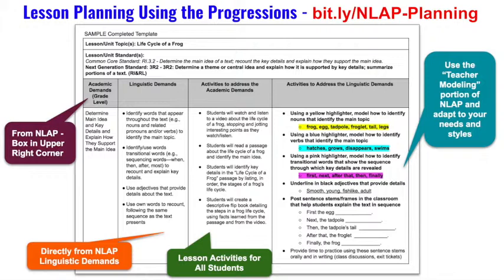Under Activities to address linguistic demands, here is where you can take information from the teacher modeling portion of the New Language Arts Progressions and adapt it to your teaching style. For example, the way that I would utilize that information is by using a yellow highlighter to model how to identify related nouns that identify the main topic in a reading passage, such as frog, egg, tadpole, froglet, tail, and legs.